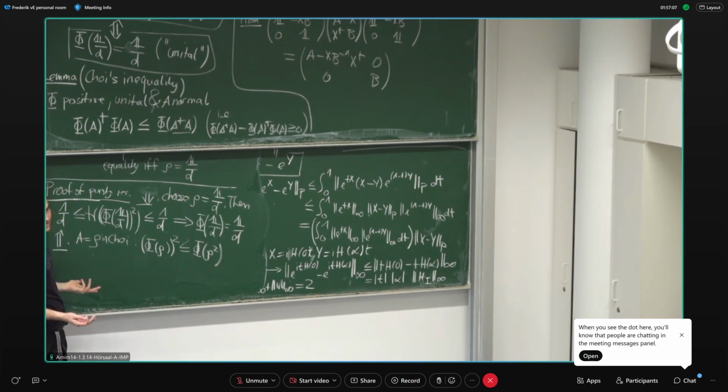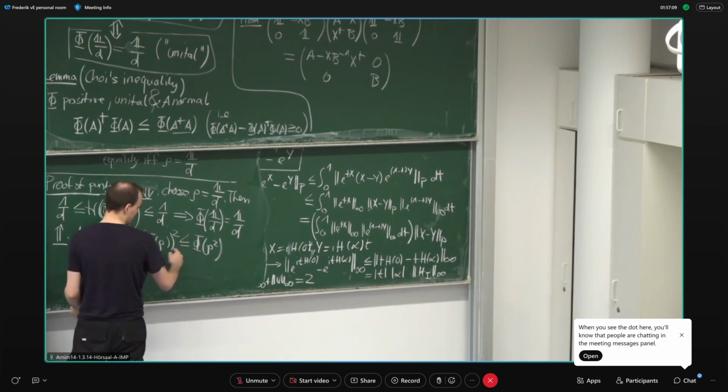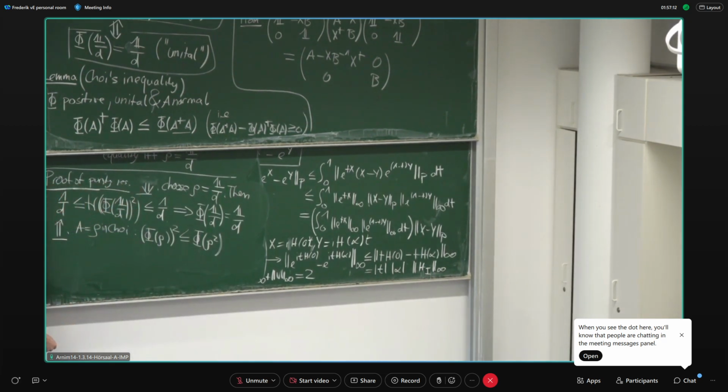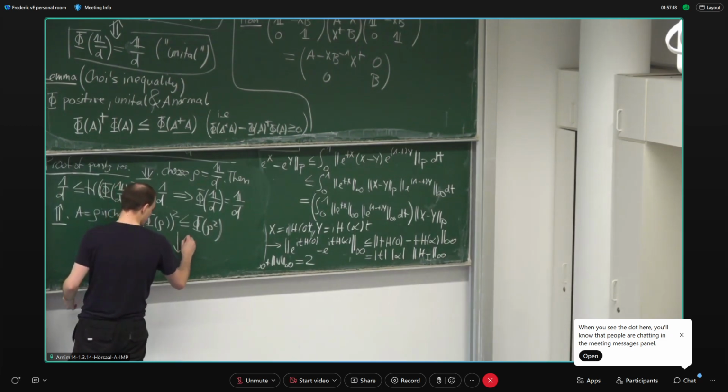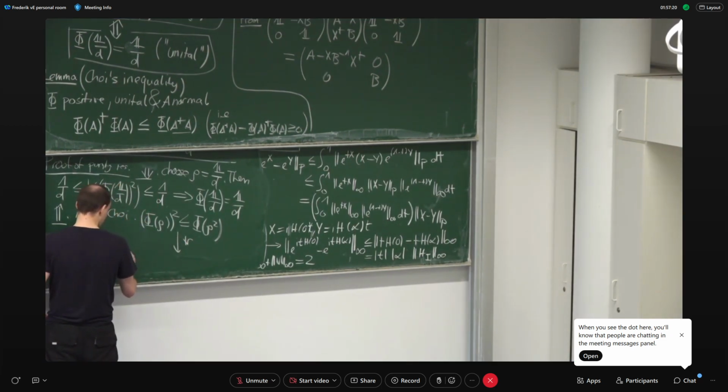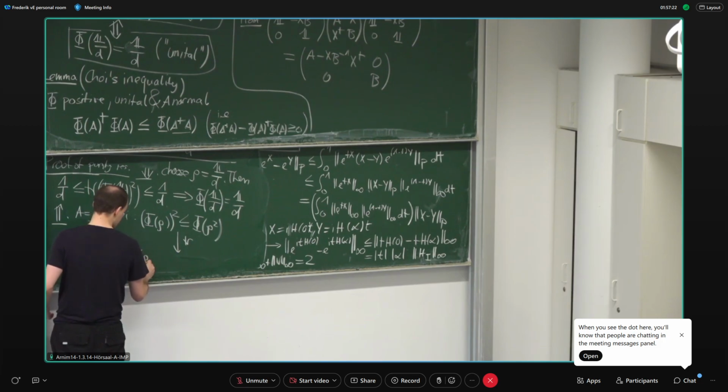Now we just take the trace. So if 2 operators are ordered like this, then taking the trace does not change this inequality. On this side nothing happens here.